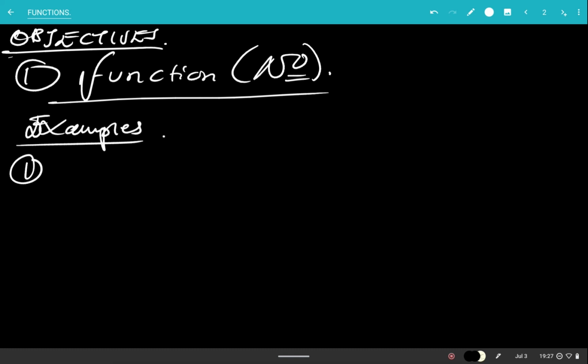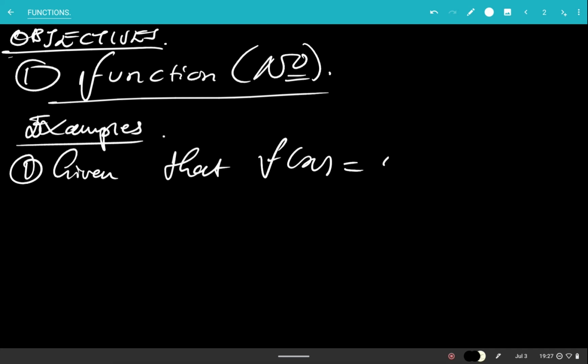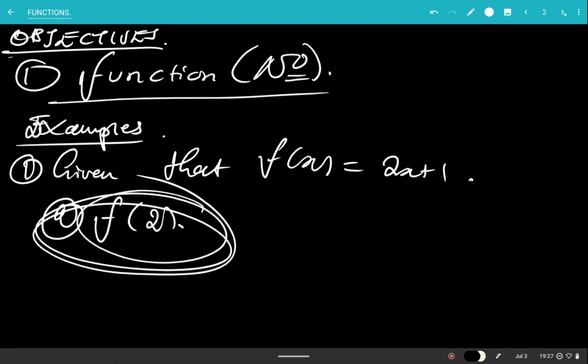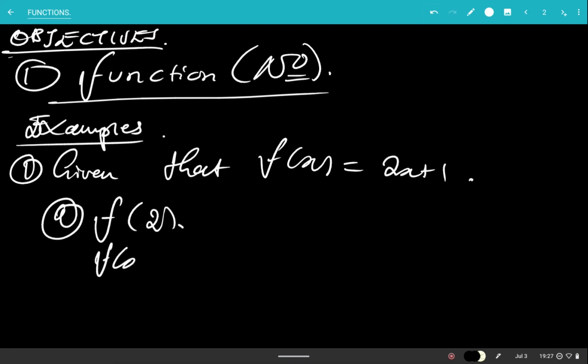Alright, so say we're given that f of x is equal to 2x plus 1. Then let's say for instance we are asked to find f at 2. For us to find f at 2, all we have to do is look for the function that defines what we have here, and this function is the f of x function. So we have f of x being equal to 2x plus 1.